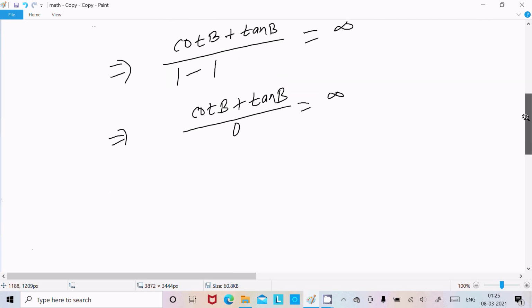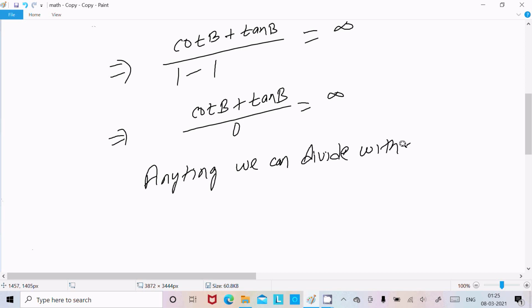So anything we divide with 0, the value comes infinity.